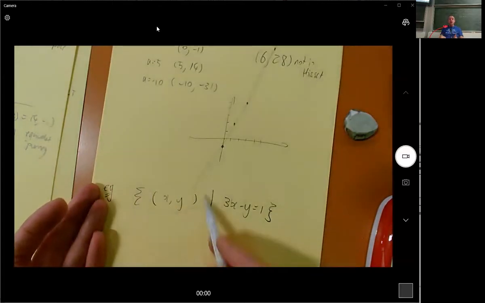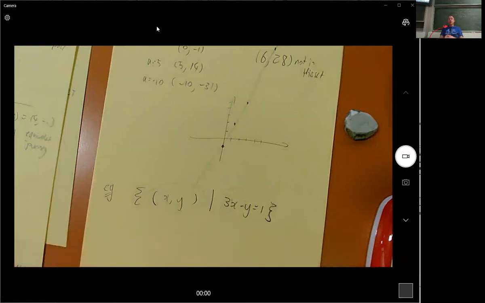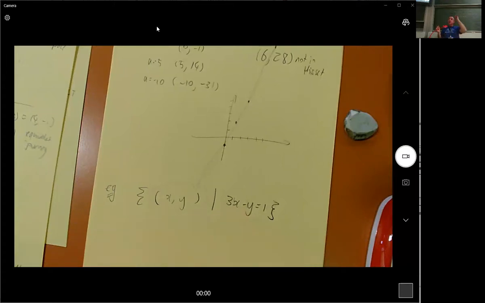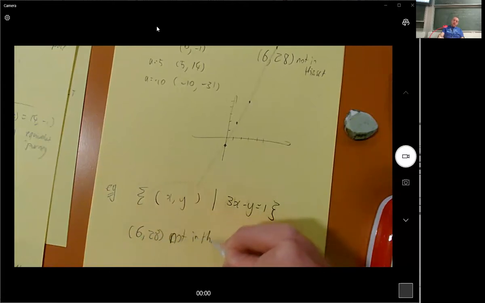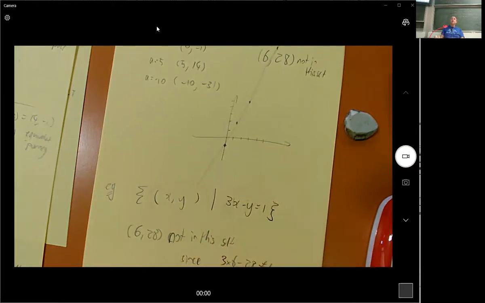And this is a perfectly good thing that satisfies the rule. This is the kind of object we have, and this is the rule that has to be satisfied to be on the line. So for any point I think of, I can decide whether it's on the line by subbing it into 3x minus y and seeing if the answer comes out to be 1. And so I can see that 6, 28 is not in this set, since 3 times 6 minus 28 is not 1.